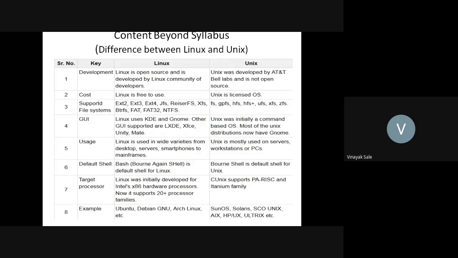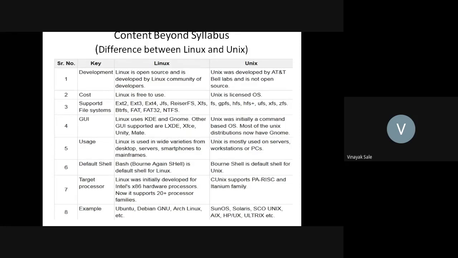For the default shell, Linux uses the bash shell, the Bourne-again shell, whereas Unix uses the Bourne shell.